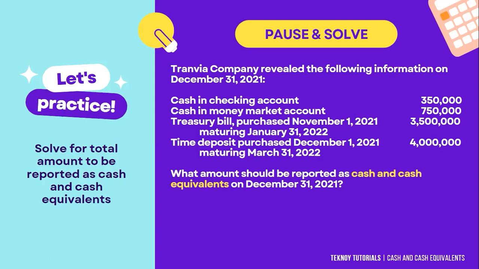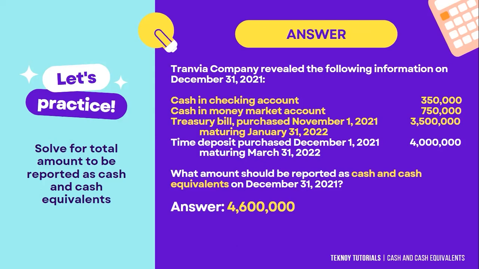Kudos for answering the first problem. The total cash and cash equivalents of Trandia Company is 4,600,000. The cash and cash equivalent items include cash in checking account, cash in money market account, and treasury bill purchased November 1, 2021 and maturing on January 31, 2022.